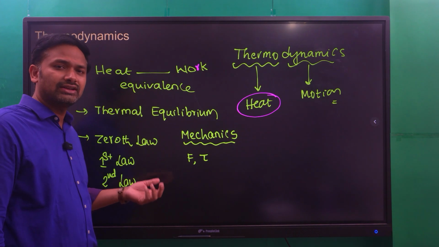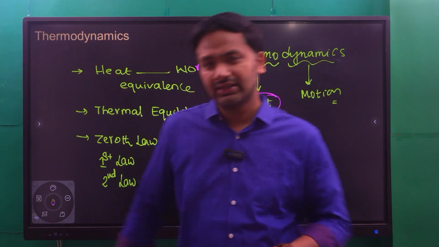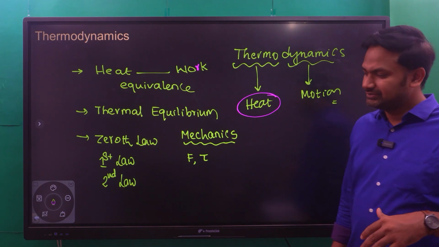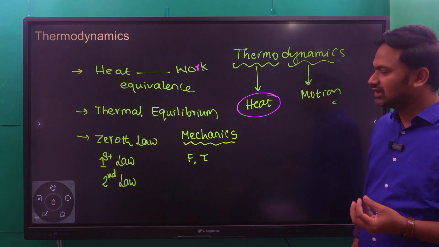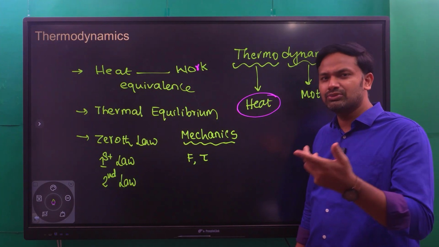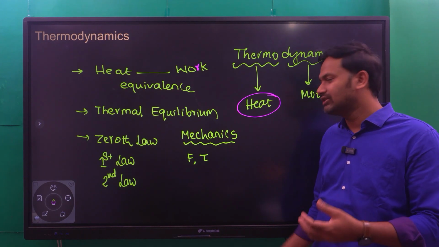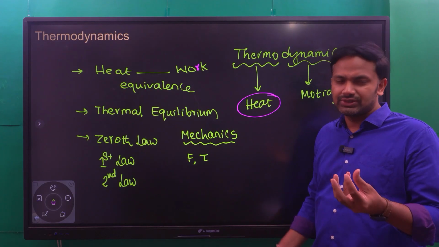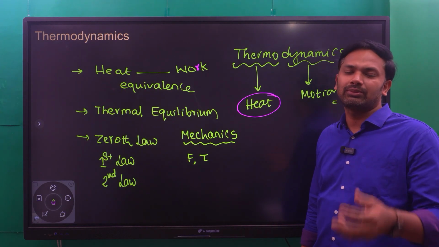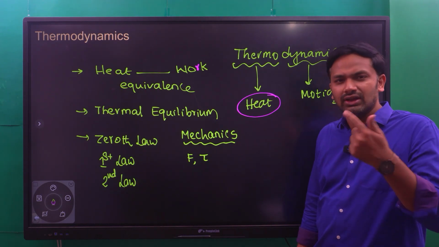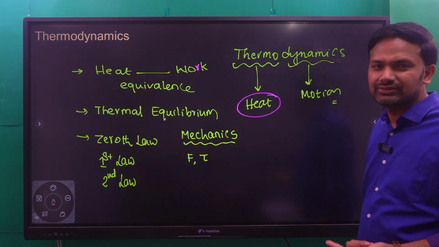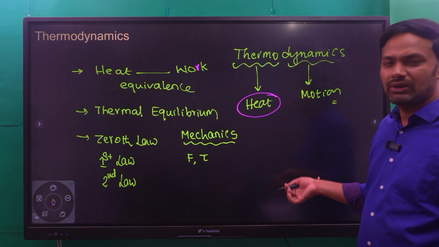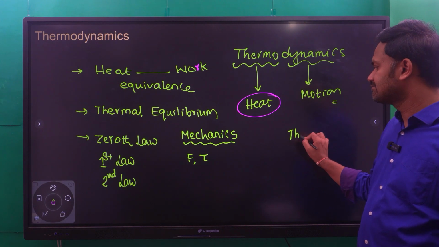Because of the force and because of the torque you get motion. Whenever you apply a force on any object, it will come into motion. Whenever an object is pivoted at a point and a force is applied on it, it will have a torque, giving rotational motion. Understood? So now coming to thermodynamics.